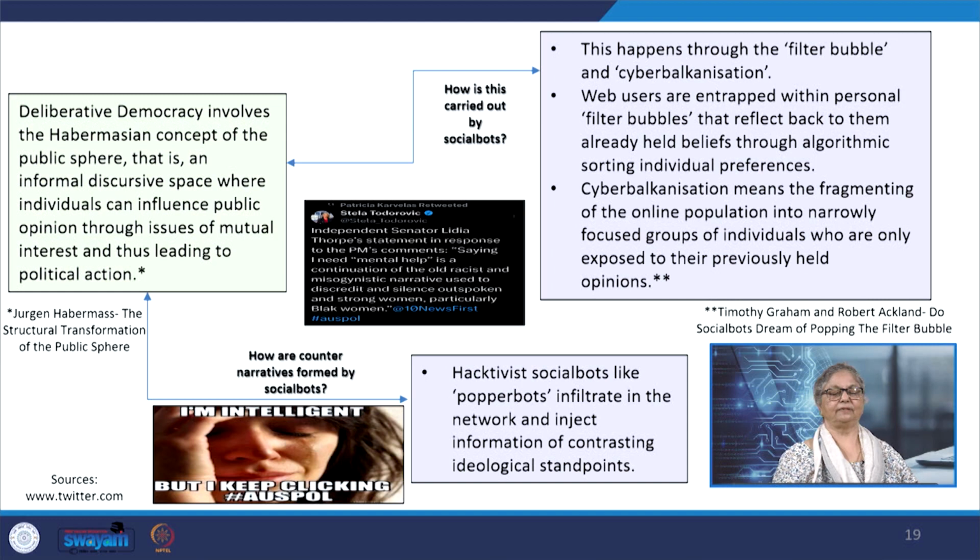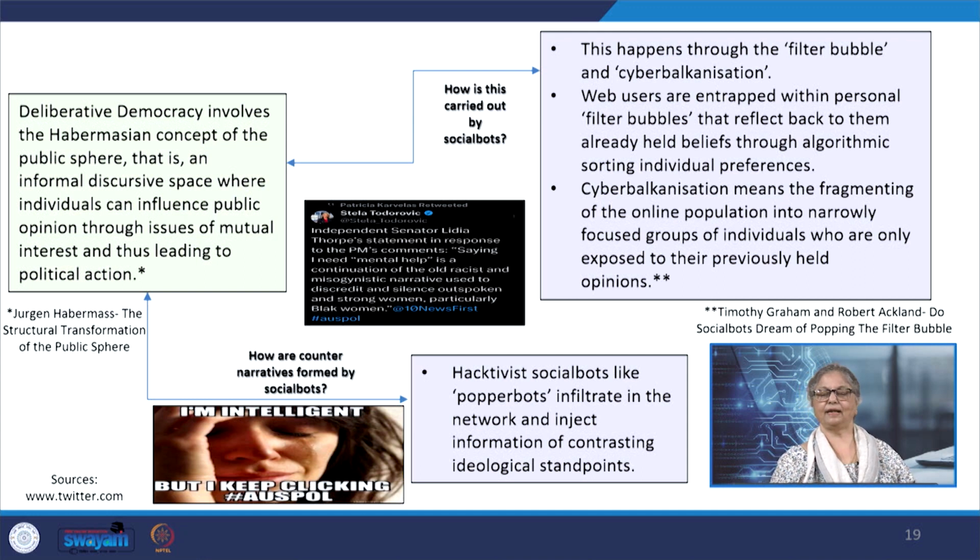Deliberative democracy involves the Habermasian concept of the public sphere. That is, an informal discursive space where individuals can influence public opinion through issues of mutual interest, thus leading to political action. But how is this being carried out by the social bots? Now, this happens through filter bubble and cyber balkanization.